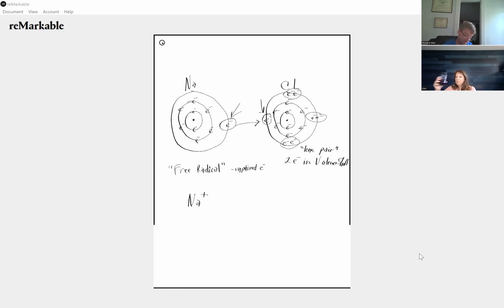The number of protons remains the same. So we still have the 2 electrons in the first shell. We still have all of the electrons in this second shell as well.